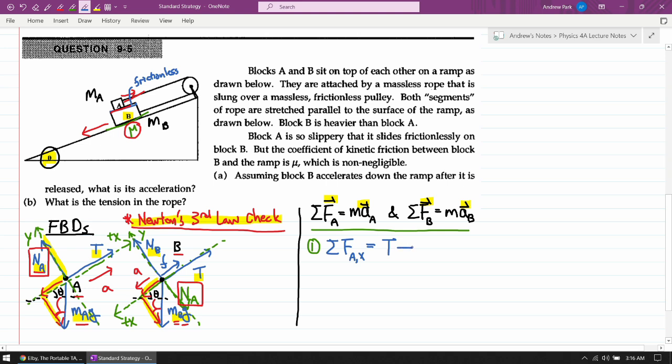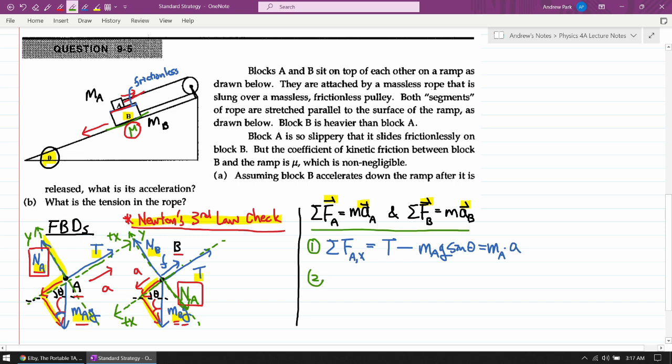So it's a minus for the negative direction. The side I see here is opposite to the angle that we figured out is theta. So the x component here must be m_A g sine theta. That's equal to m_A times acceleration.